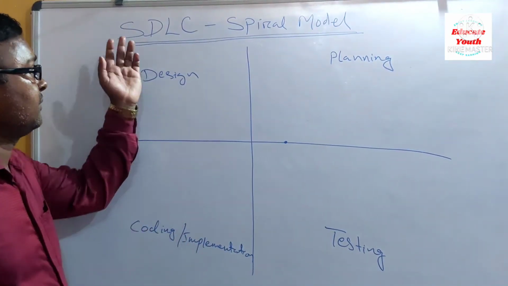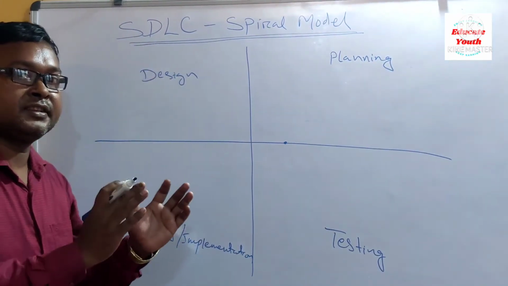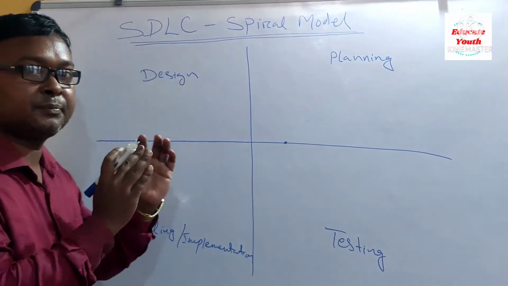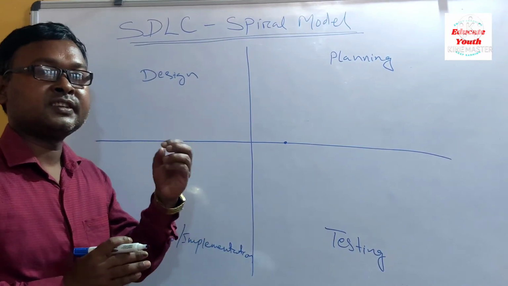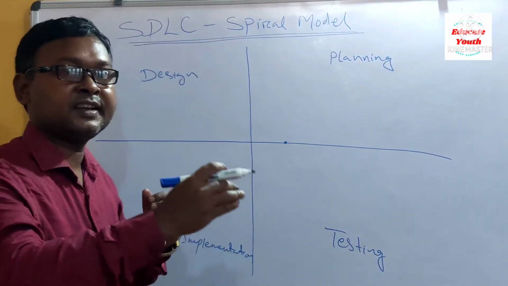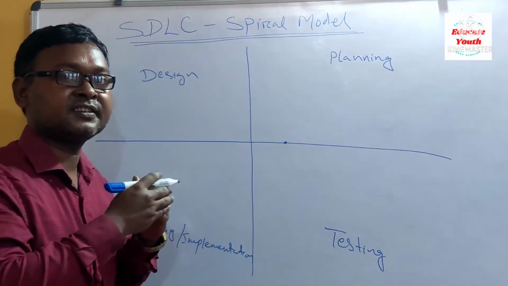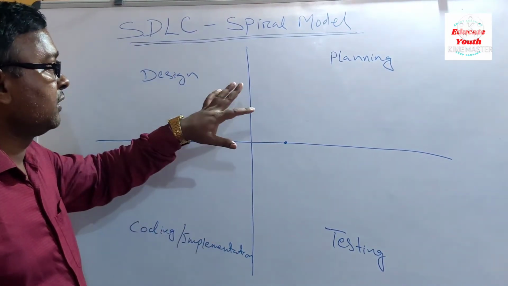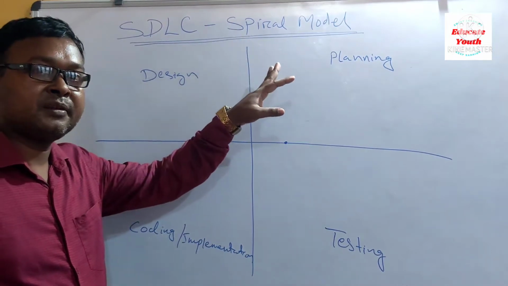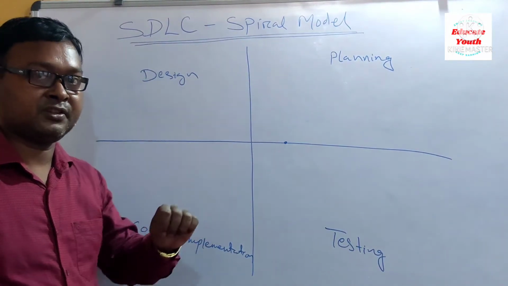As you know, SDLC is a process, so you need to follow certain directions, that means certain steps and standards, to develop a particular project. You can use the spiral model for developing big projects.